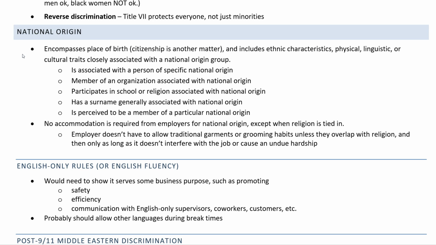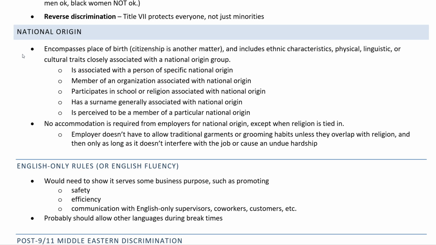And then we have a bulleted list here. The person could be associated with a person of a specific national origin. So again, association is covered if you're married to or friends with or have other family members who are of some national origin, still covered. If a person is a member of an organization associated with a national origin, even if they aren't of that national origin, just being a member of that organization would count under association.